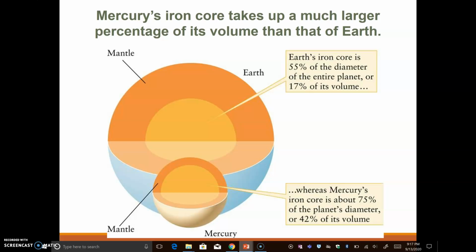If we're going to talk about Mercury's core, it takes up about 75% of the planet's diameter here, compared to the Earth's 55%. So there's really a lot more core inside of Mercury, and our mantle is very thin here, if we're looking at a comparison. So we have a really big core here and a really thin mantle on Mercury.